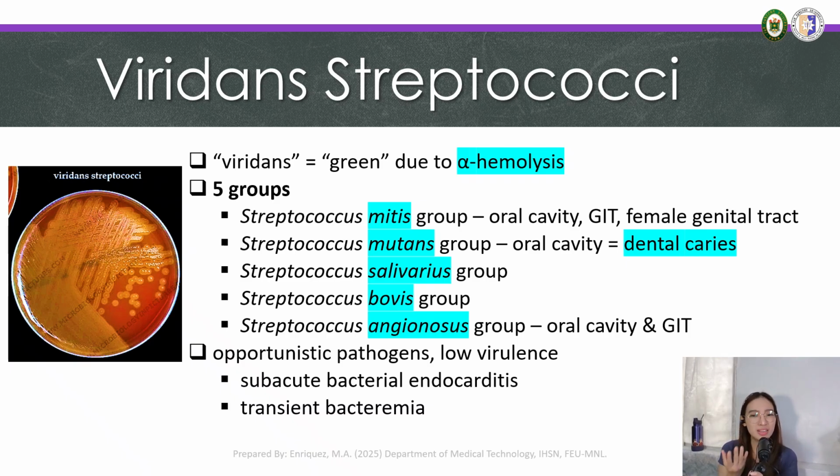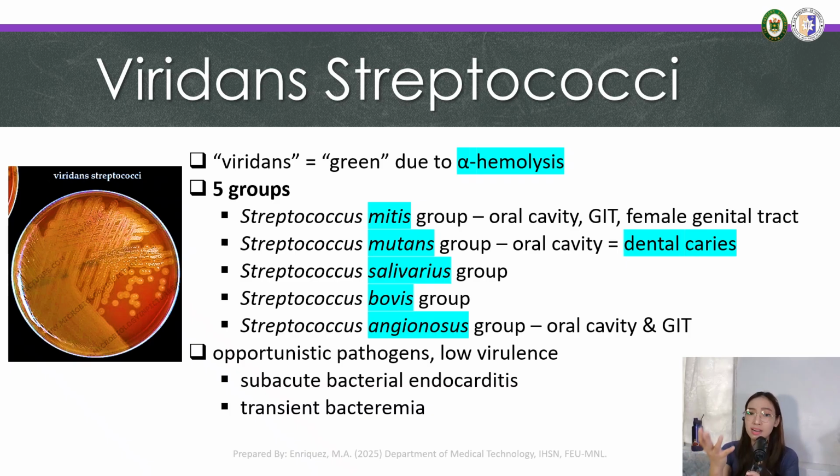So what's happening here? What's wrong with that? Usually po, if a person doesn't properly perform oral hygiene like brushing their teeth, flossing, or mouthwash, there is a chance that these Streptococcus species could overgrow. All right? Maaari pong dumami sila, leading to tooth decay. So ulitin po natin, Streptococcus mutans group could be a contributor in the development of dental caries.